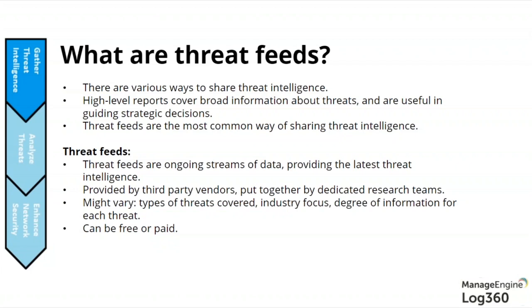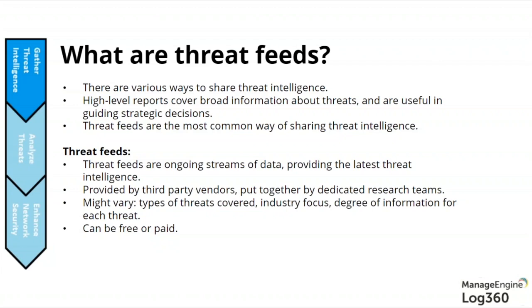It's a news feed for the latest threat intelligence. And these threat feeds are published by third party vendors. The information is collected through a combination of both automatic and manual mechanisms and then validated by dedicated research teams who add quality, reliable information to the feeds that they publish.